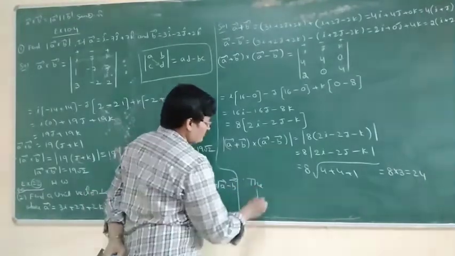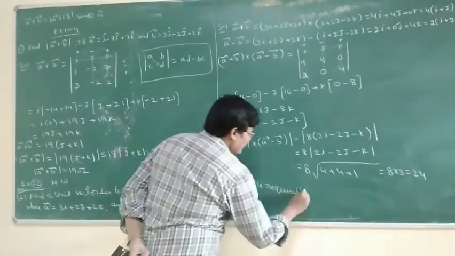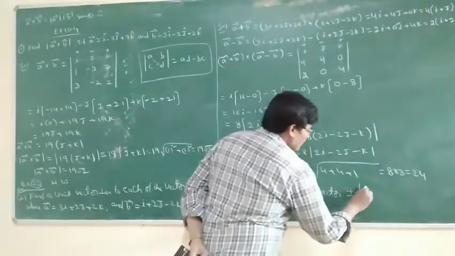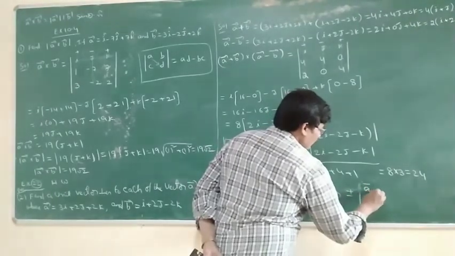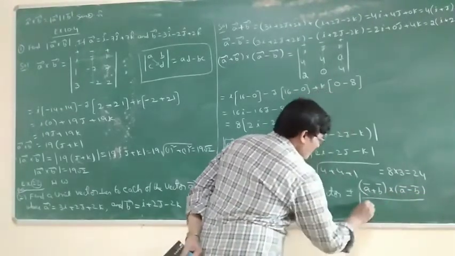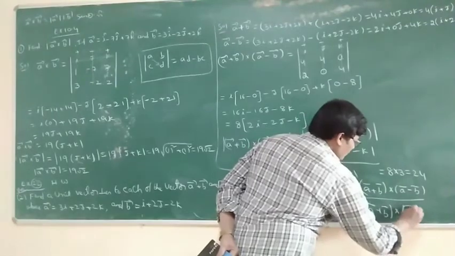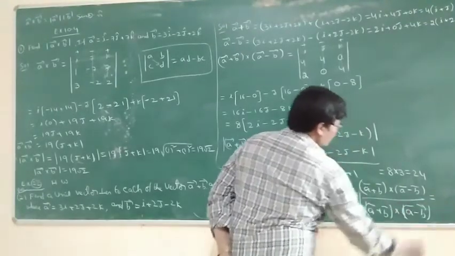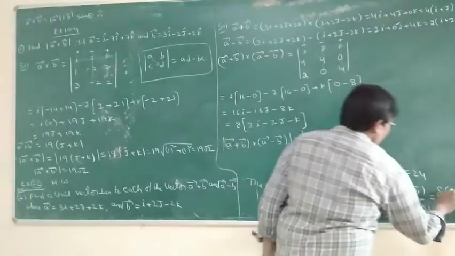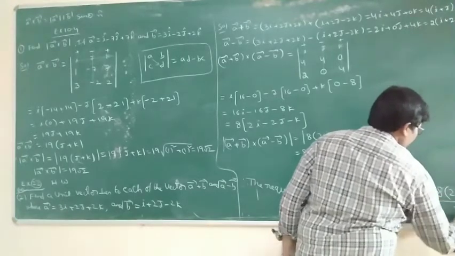Therefore, the required unit vector is plus or minus (a bar plus b bar) cross (a bar minus b bar) by the modulus of (a bar plus b bar) cross (a bar minus b bar), is equal to, so what is the answer? 8 into (2i minus 2j minus k) by 24, 8 ones, 8 threes.